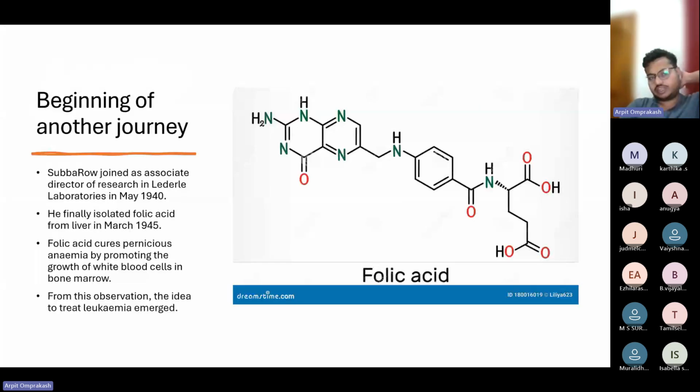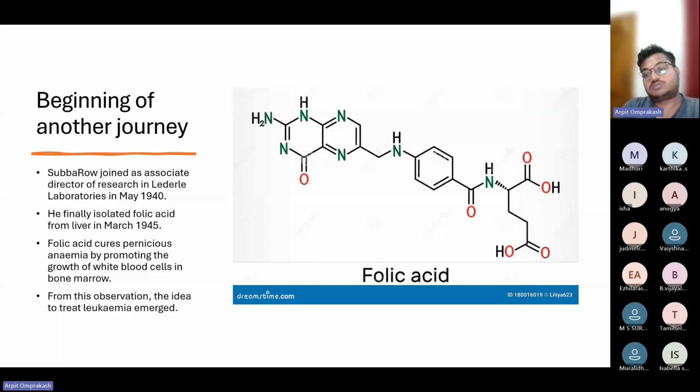Then in 1940, he joined as an associate director of research in Lederle Laboratories. There, he finally isolated folic acid from liver in March 1945. Folic acid is used to cure pernicious anemia by promoting the growth of white blood cells in the bone marrow.